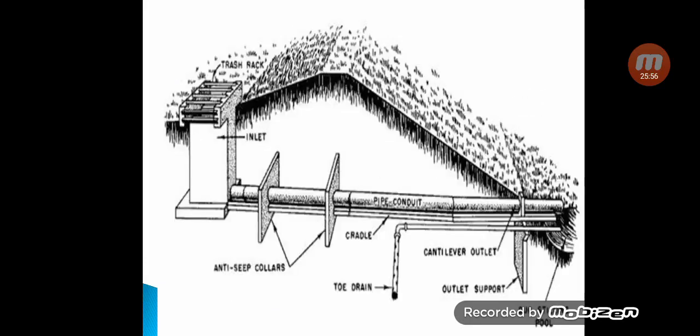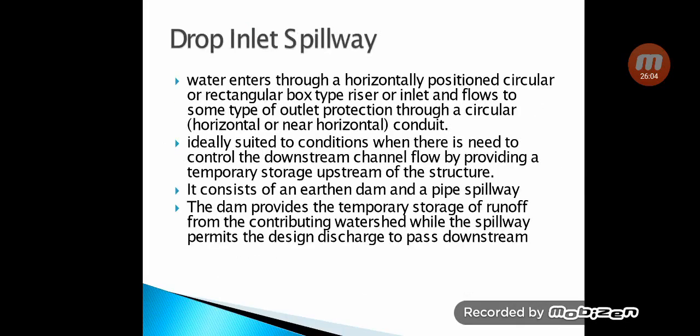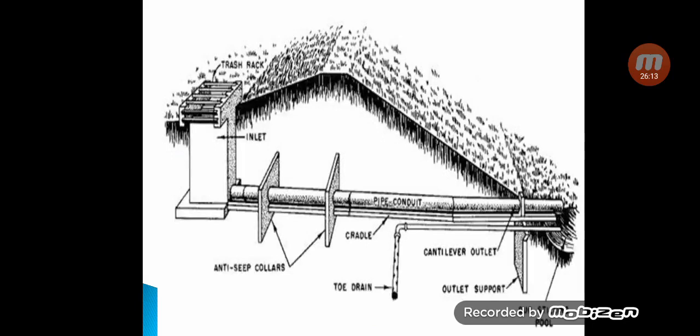So you can see this is the riser or inlet in which the water will enter and flows to some type of outlet protection through the circular conduit. So after that it flows through the circular conduit.